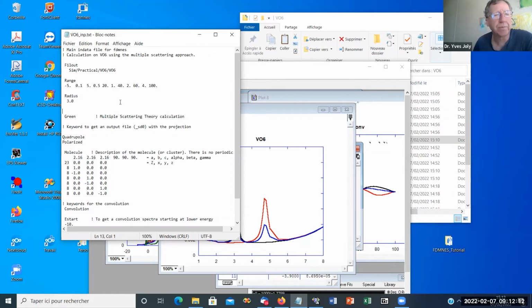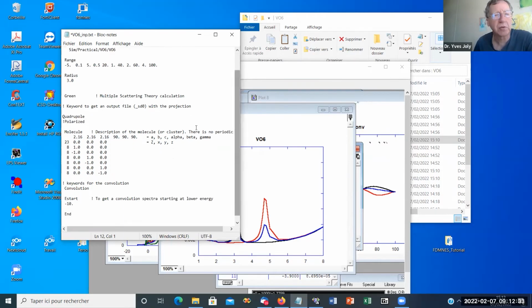So I keep the quadrupole. But I don't keep polarized, because it would be too much output.